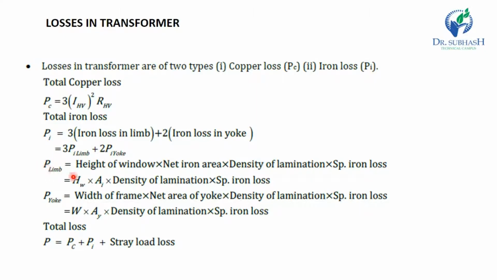If we get both the areas of yoke and limb, with the specific iron loss, we find the total iron losses. So total losses P is equal to copper losses plus iron losses plus tail load losses. Here we neglect the tail load losses and continue with the copper losses and iron losses.